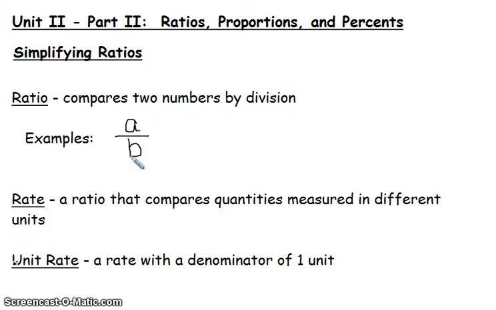Or you may see it as A to B, and you can also see it written with the word to, A to B. So if you were comparing boys to girls, and how many boys are in the class compared to how many girls are in the class, you could use any of those three forms for ratios.